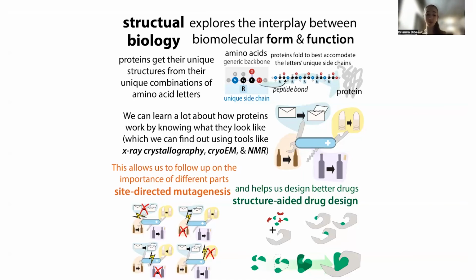In terms of the actual structure determination, this is often done with methods like X-ray crystallography, cryo-EM, NMR, HDX-MS, which doesn't give you a direct structure, but it can give you complementary information. And then there's a lot of computation that goes into actually figuring out the structure.